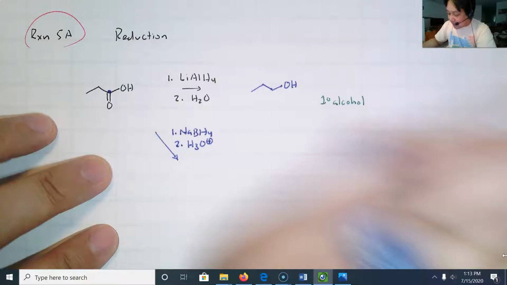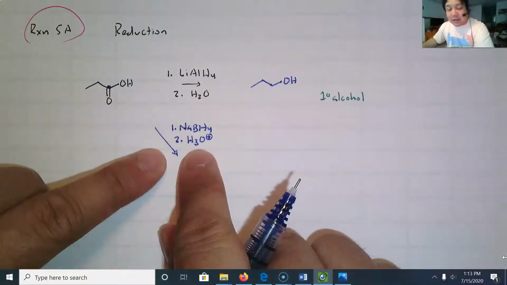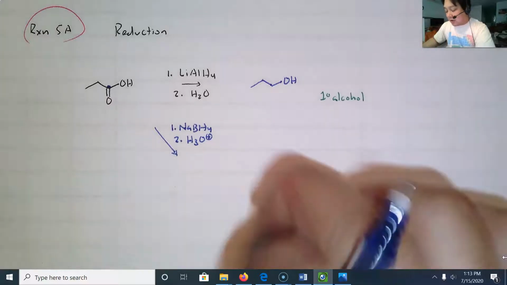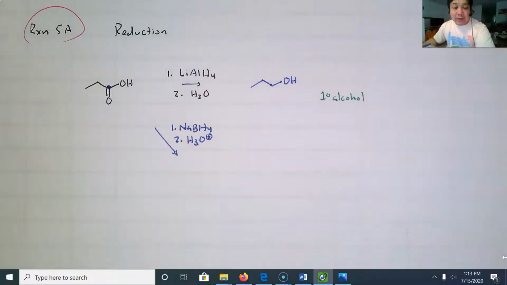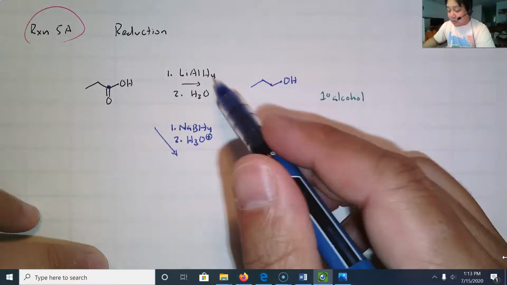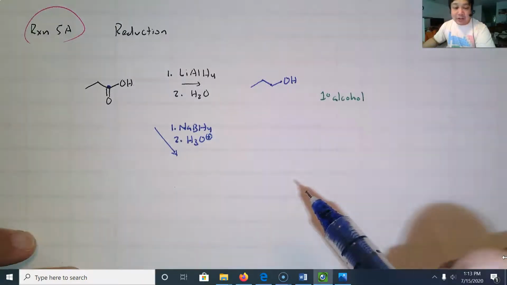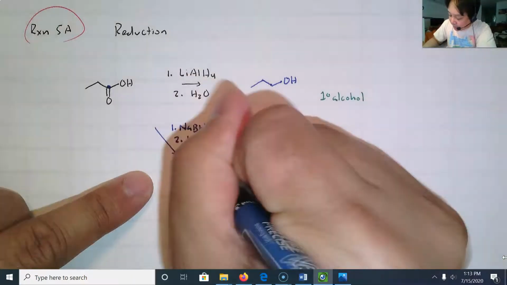I usually use acid as a second step with sodium borohydride. It doesn't matter, you could use H2O, and actually you could have water with sodium borohydride and the reaction will still go. For lithium aluminum hydride, you really have to separate the water and the reagent. Nothing happens here, no reaction.